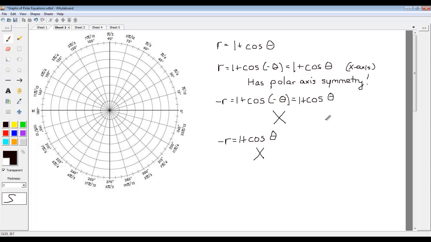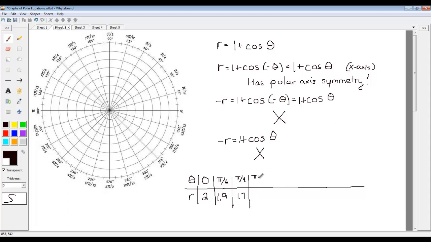Alright, let's do a table. Do a theta r table. Let's see, if theta is 0, plug that in, you'll get 2. If theta is pi over 6, plug that in, you'll get around 1.9. If theta is pi over 4, you'll get around 1.7. If theta is pi over 3, you'll get 1.5.